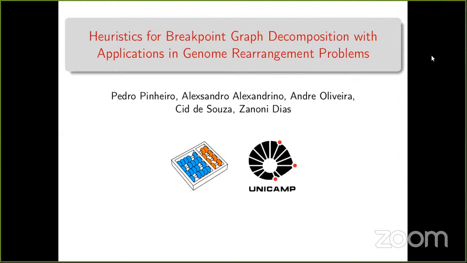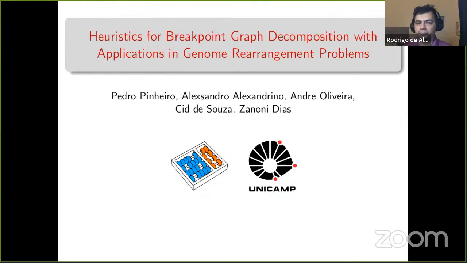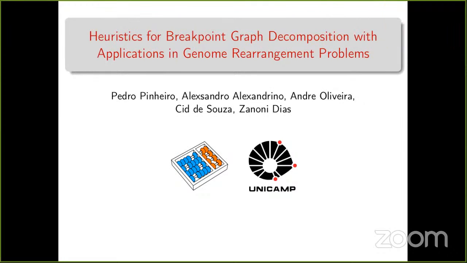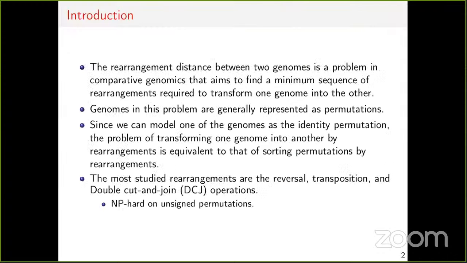Okay, thank you. Good morning, I'm Pedro Pinheiro, and I'm going to present the work Heuristics for Breakpoint Graph Decompositions with application in genome rearrangement problems. First, I introduce a little bit of the problem.